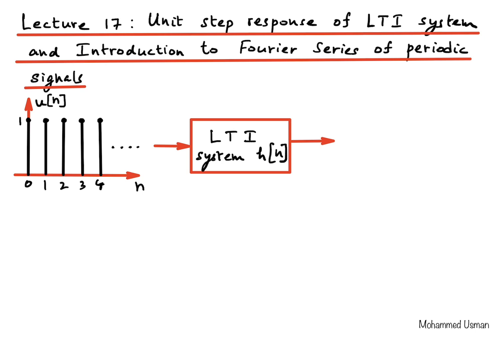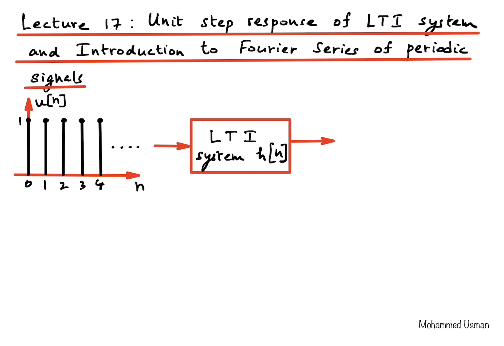So that's our unit step function, and if this is applied to the LTI system, the output that we get is called the unit step response of the LTI system. So the output is basically the convolution of the input with the impulse response of the system.